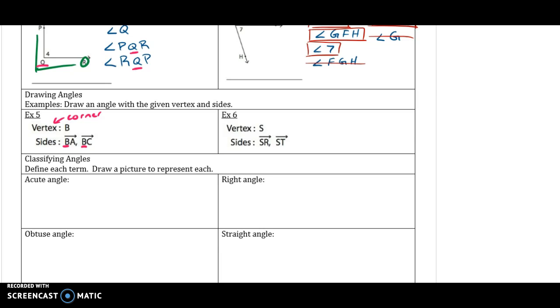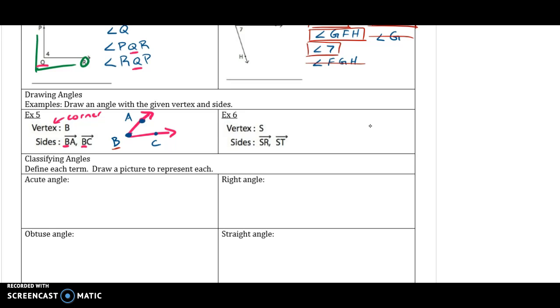So example 5, I have my vertex at B, and I'm going to go in one direction and label that A, and go another direction and label that C. Now your angle doesn't have to look like mine. It can be larger, it can be smaller, but this letter must always be in the middle.